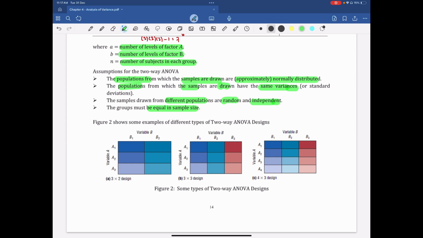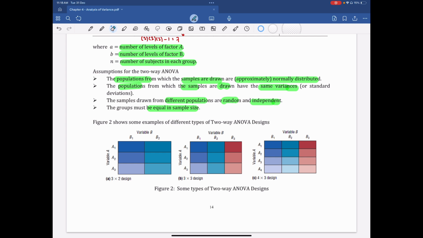And this is basically different types of two-way ANOVA design, depending on how many levels you have for factor A and factor B. For this particular design, you have three levels of factor A and two levels of factor B, so this is a 3 times 2 design.